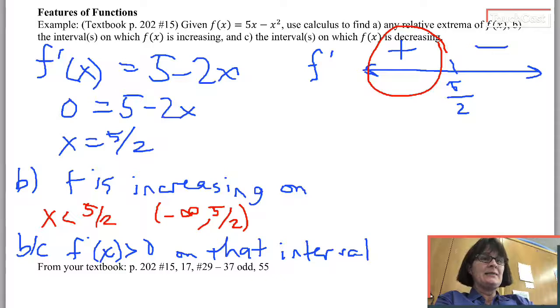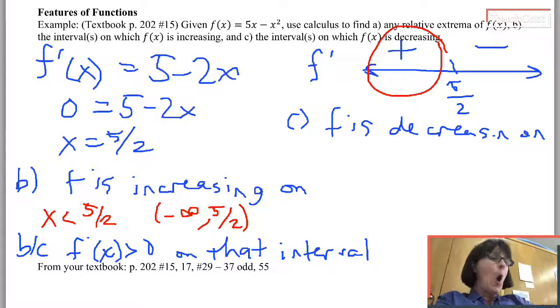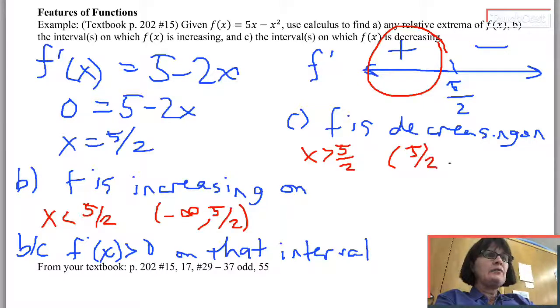My answer to C, f is decreasing on, we say on an interval or at a point, but here I'm talking about an interval. It's a whole section of the number line that we're talking about. F is decreasing on, I'll write it in red, you can either say x is greater than 5 halves, or you could say 5 halves to positive infinity.